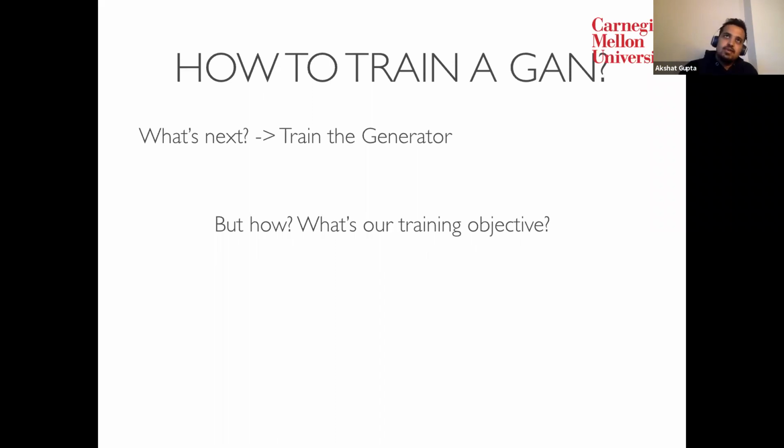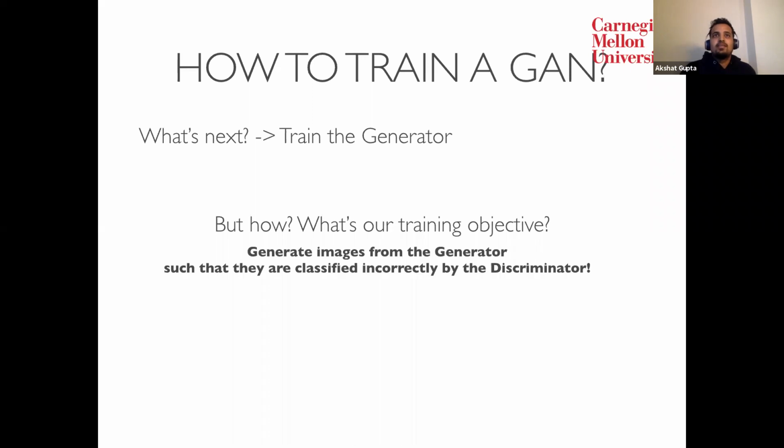So the next thing we do is we train the generator, but what's our training objective when we do that? Yeah, I'm seeing some answers in chat: to try to fool the discriminator. That's exactly right.